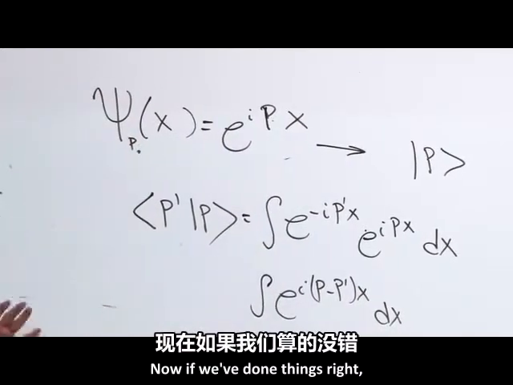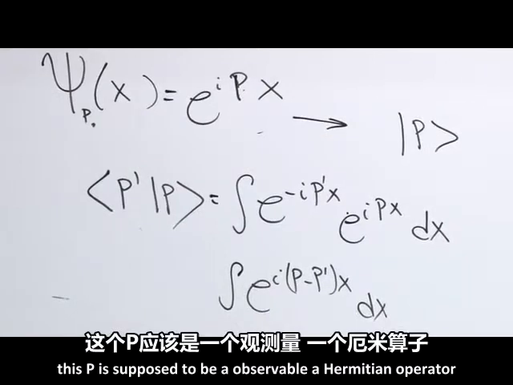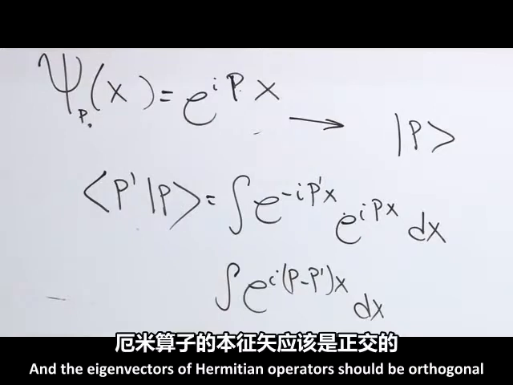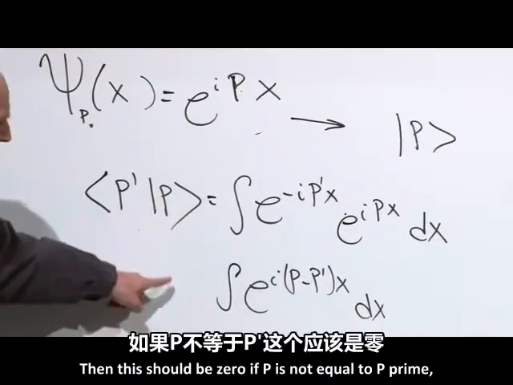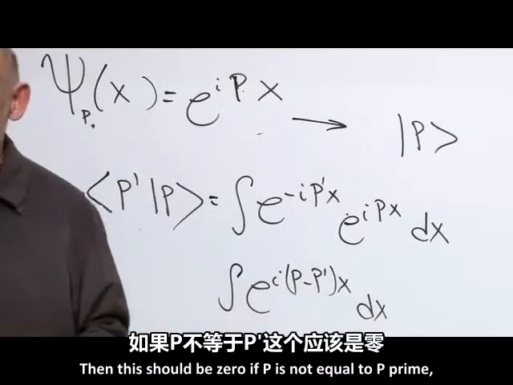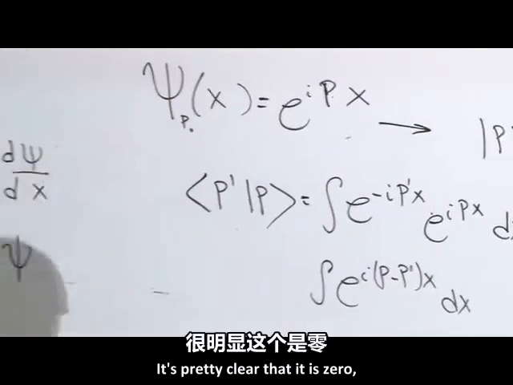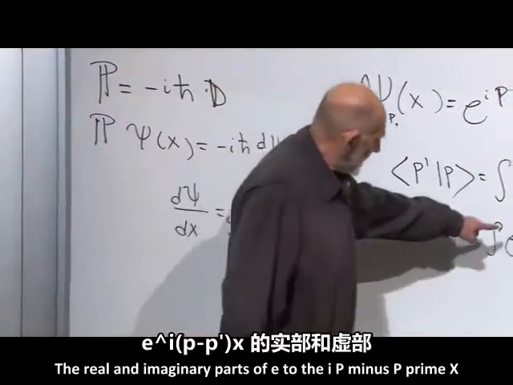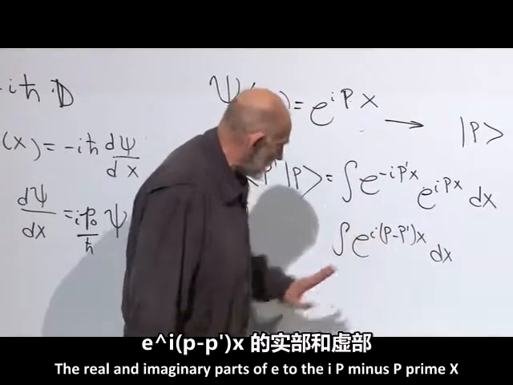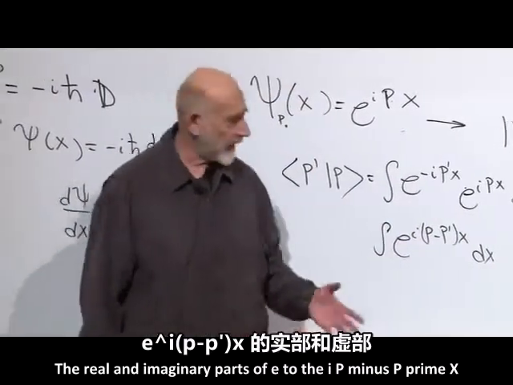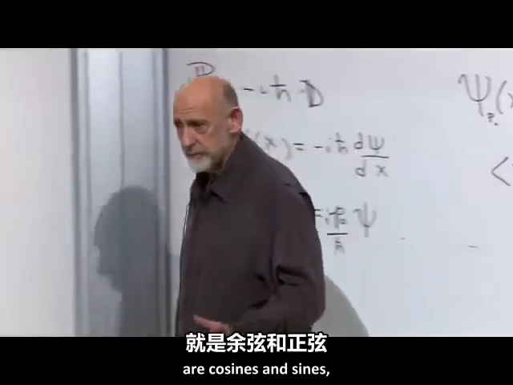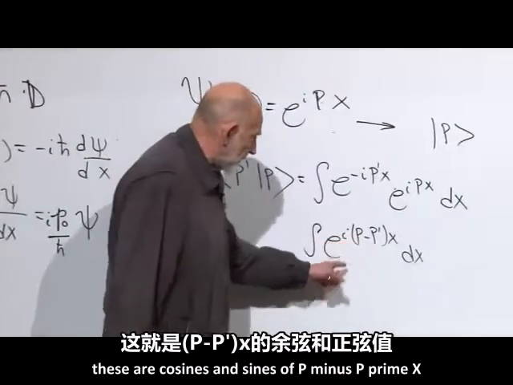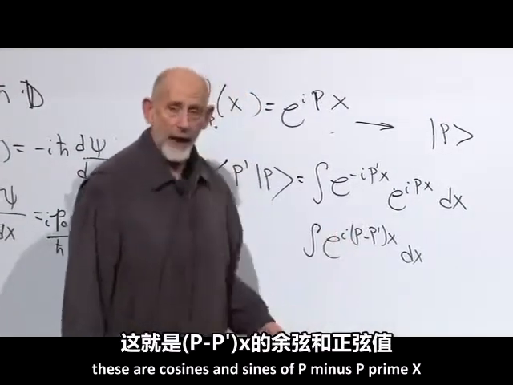Now, if we've done things right, since P is supposed to be an observable, a Hermitian operator, and the eigenvectors of Hermitian operators should be orthogonal, then this should be 0 if p is not equal to p prime. It's pretty clear that it is 0 if p is not equal to p prime, and for the following reason. The real and imaginary parts of e to the i (p minus p prime) x are cosines and sines of (p minus p prime) x.